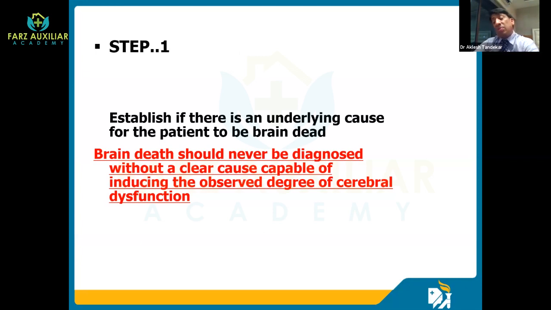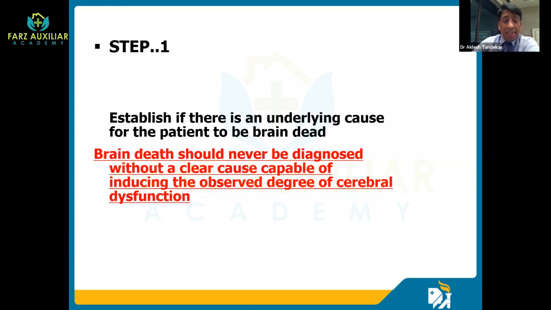But in order to classify somebody as having brain death, we need to be able to establish the underlying cause. Unless the underlying cause is established, brain death diagnosis cannot proceed, and we cannot be unaware of the fact that in the court of law, medico-legal consequences are also concerned.